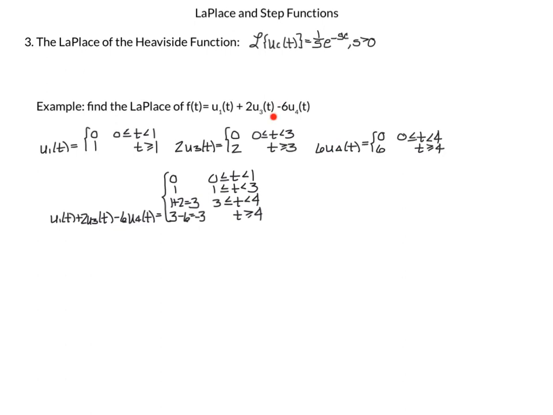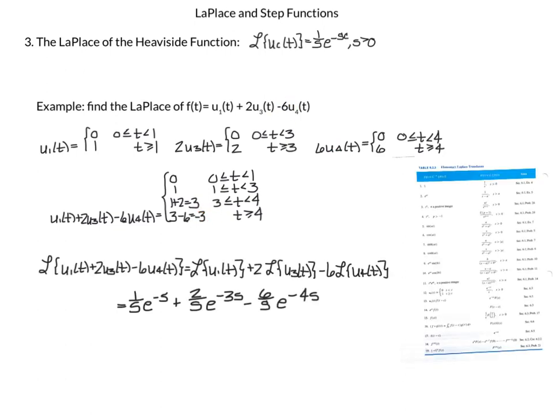Actually, this is a minus 6, so we get a minus 3. And then, as I said, you can actually just plug this into our Laplace transform. We get 1 over s e to the minus 1s, plus 2 over s e to the minus 3s, and minus 6 over s e to the minus 4s.